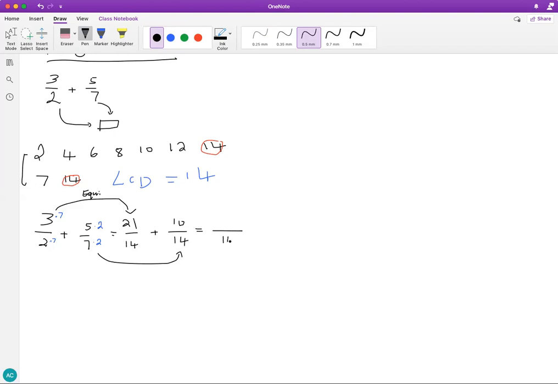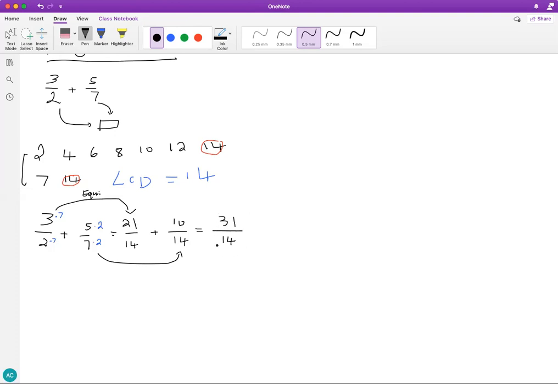Once you make it the same, it stays the same. You add the tops, that would be 31. And always try to simplify your fraction as much as possible. Is there a number that can go into 31/14? We can't simplify it because 31 is a prime number. Nothing goes into 31 other than 1 and 31. Therefore, there is nothing to cancel.